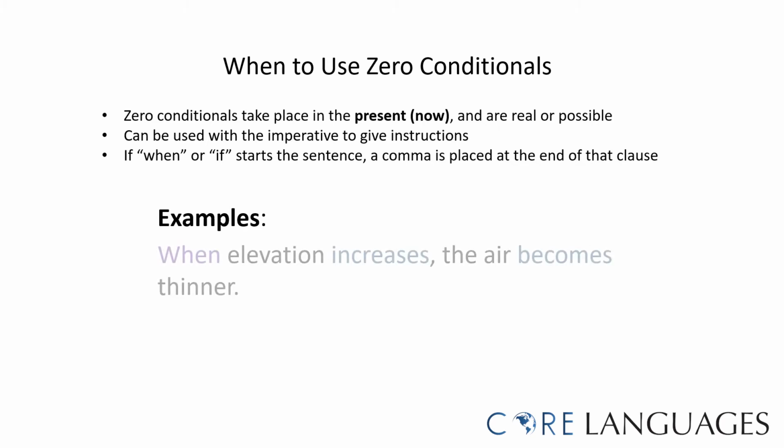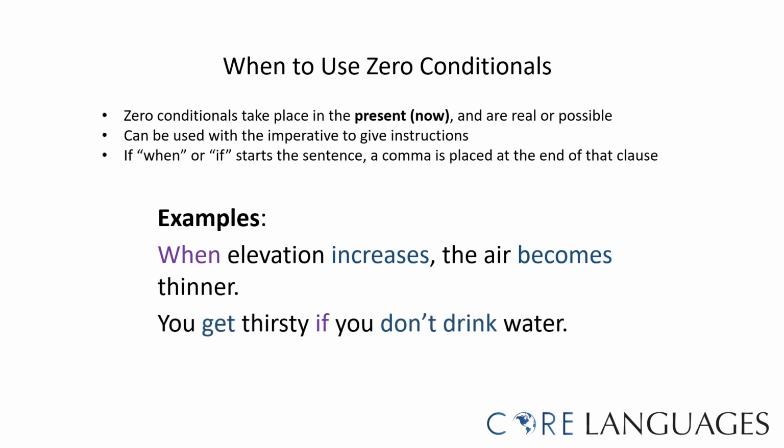For example, when water boils, it becomes water vapor. This sentence started with when, so we place a comma at the end of that clause. When water boils, comma, it becomes water vapor. We can also start the sentence with the main clause.